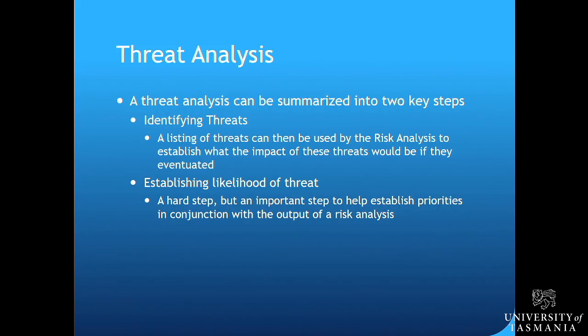We want to get a list of threats that we can then pass over to the risk analysis. And the risk analysis might come up with more, but we're going to identify what attack avenues are there and what is the likelihood of that attack avenue actually eventuating.